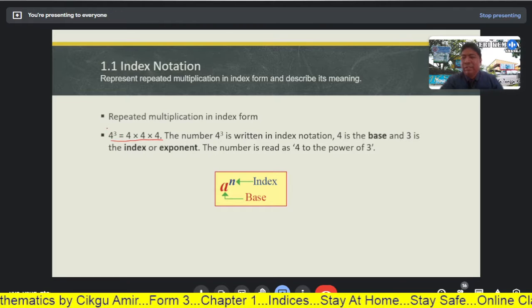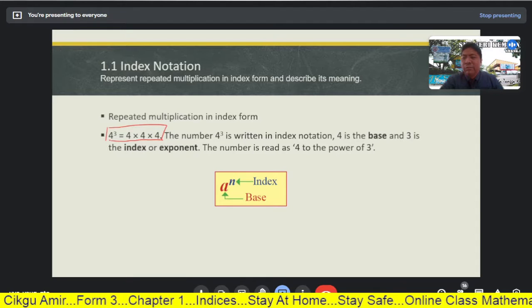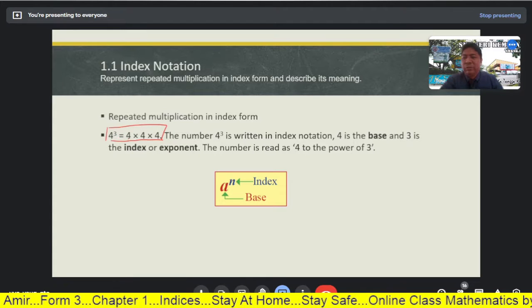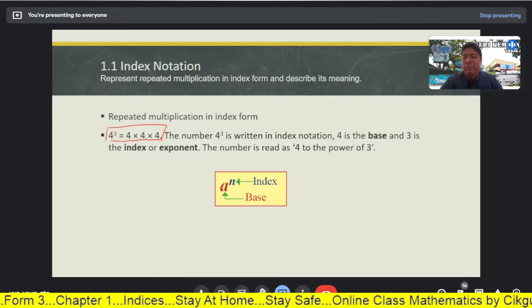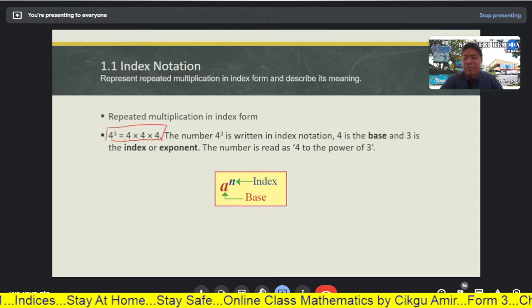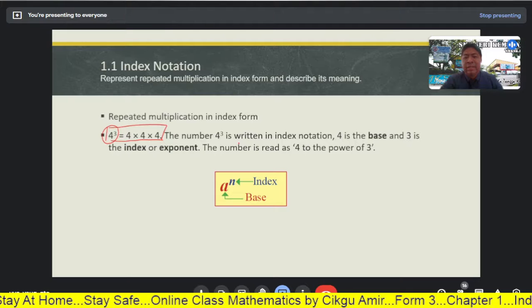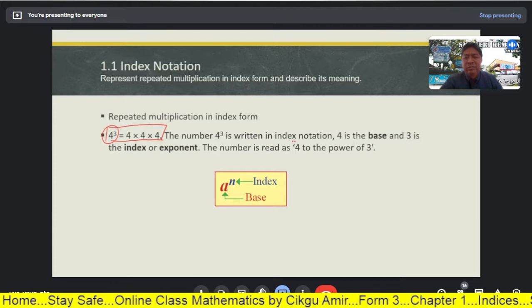We have learned this in Form 1. 4 to the power of 3 is equal to 4 multiplied by 4 multiplied by 4. The power of 3 that you learned in Form 1 is written in index notation.